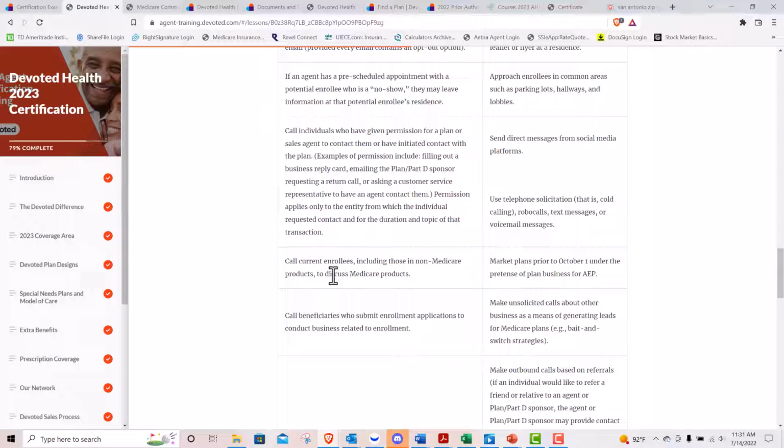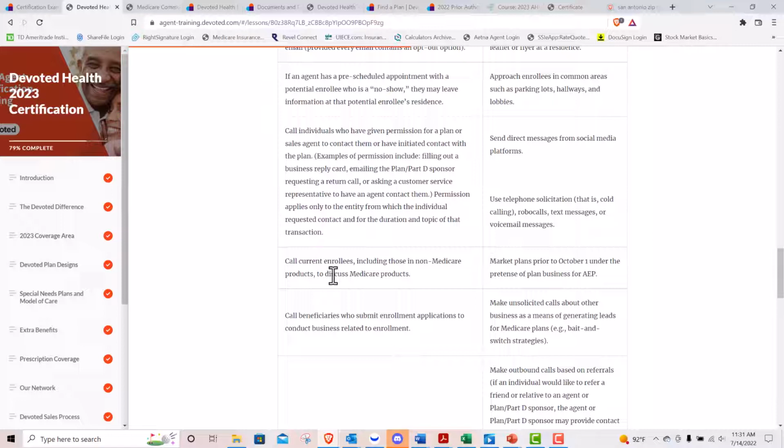I believe it falls under the existing relationship clause where they know that you are a sales agent and that you make money via sales, so they have no reason to assume that you are discussing Medicare products on behalf of the federal government.